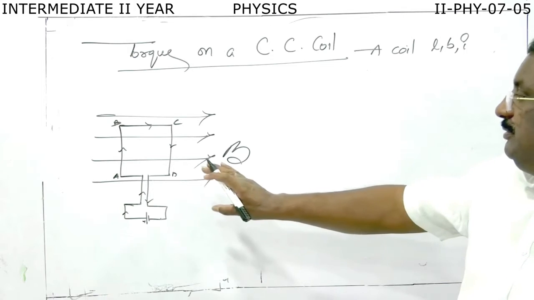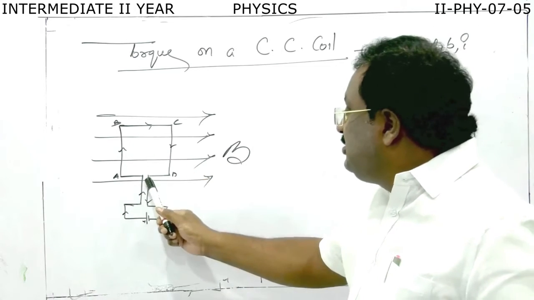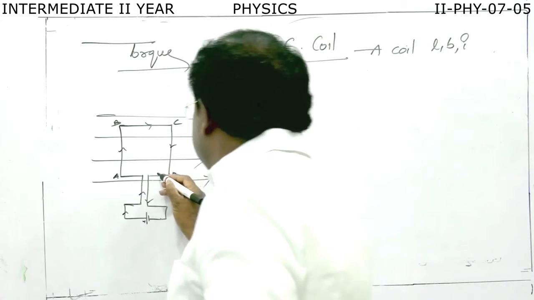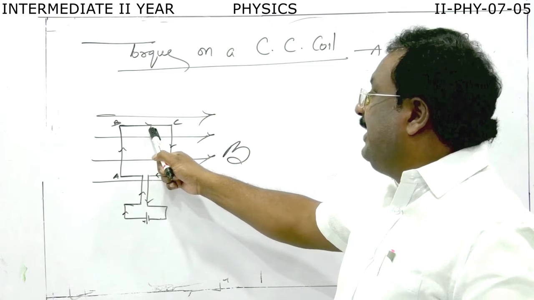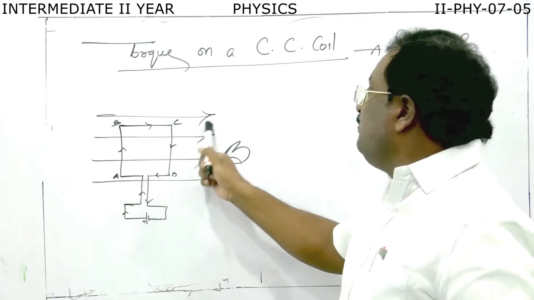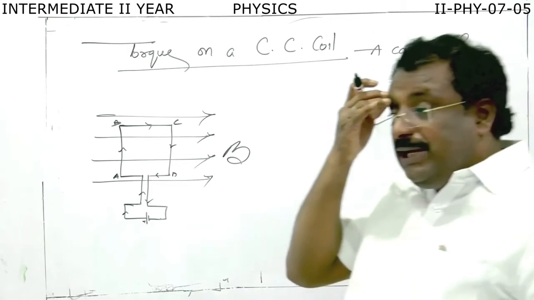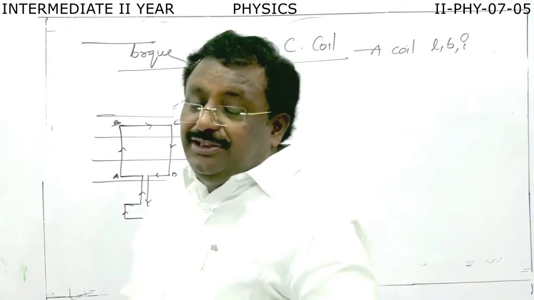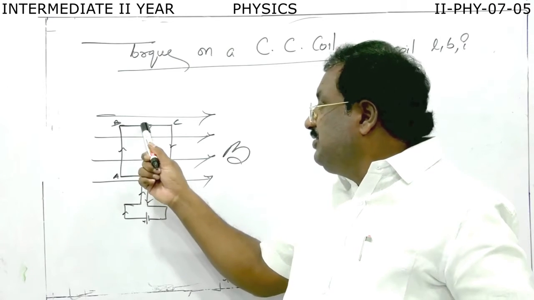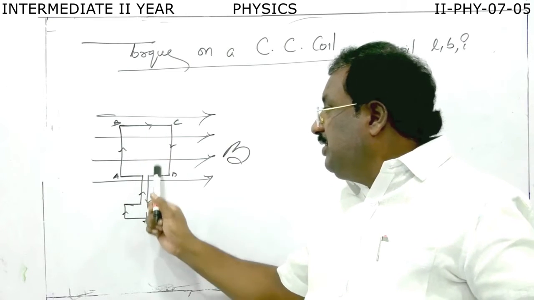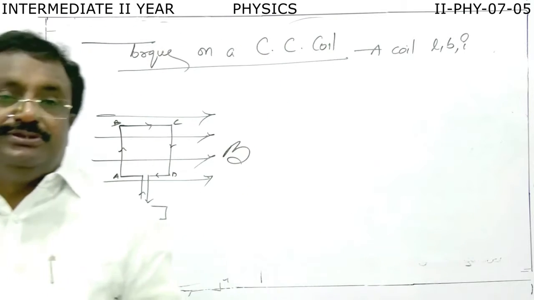If we see this figure, we notice that the current in the horizontal sides, here the BC side, is parallel to the magnetic field. When a current carrying conductor is parallel to the magnetic field, it does not experience any force. So in this coil, the two horizontal sides do not experience any force.